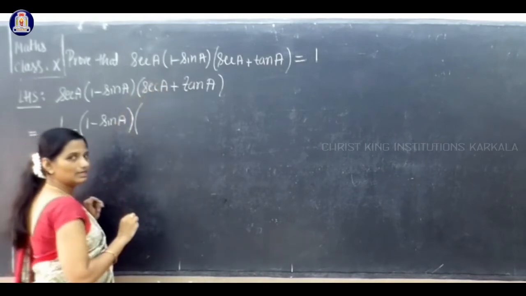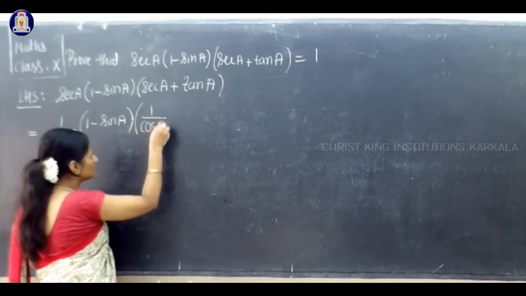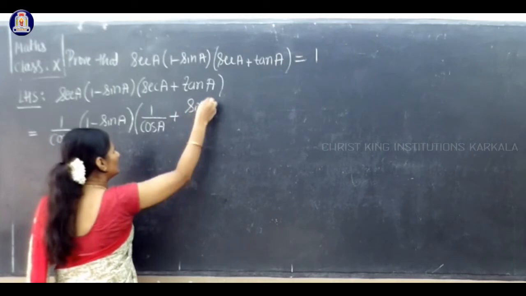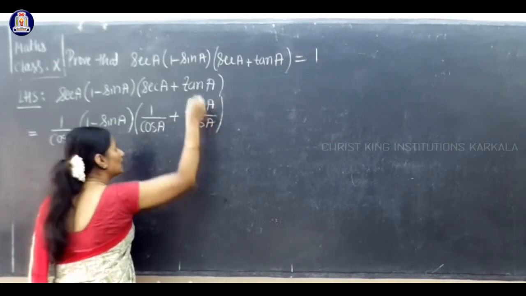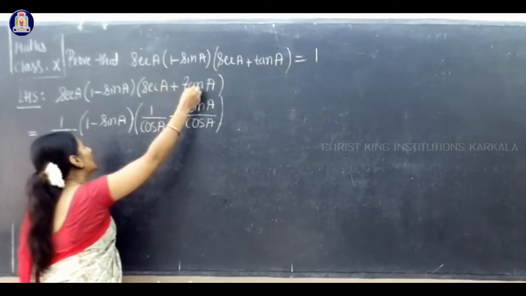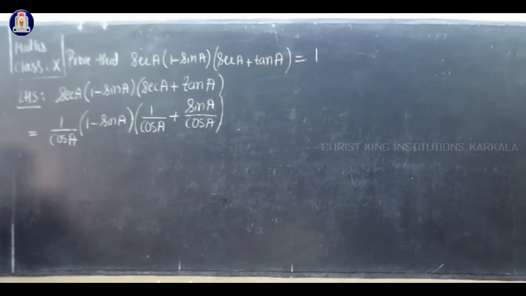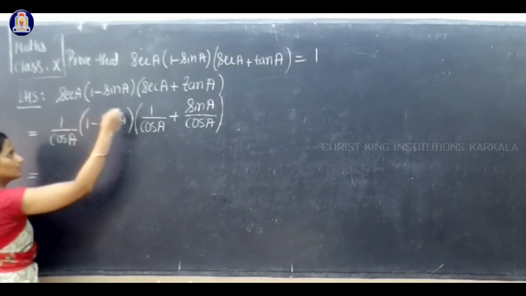Now secant theta, again how to write this? 1 divided by cos A plus tan A is what? Sin A divided by cos A. Definitions of secant A and tan A. Sin A as it is. Clear this? Now next how to simplify this: see, so 1 into first bracket.